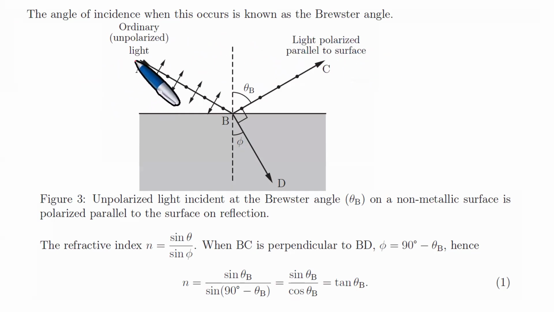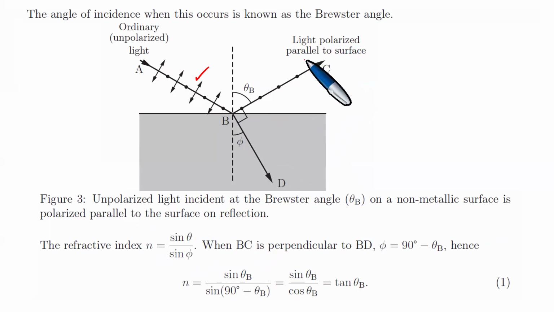Here is ordinary unpolarized light. It travels in this direction and strikes the surface. Unpolarized light incident at the Brewster angle, theta B, on a non-metallic surface is polarized parallel to the surface on reflection.